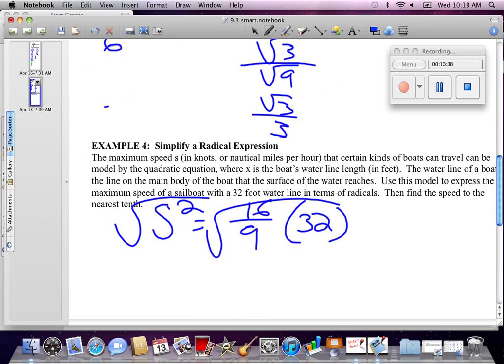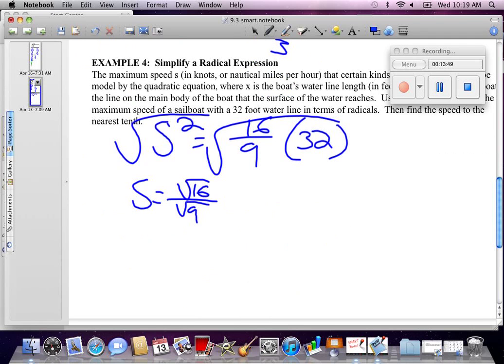So we square root both sides. So we get s equals the square root of 16 over the square root of 9, times the square root of 32. What is the square root of 16 over the square root of 9? 4/3.